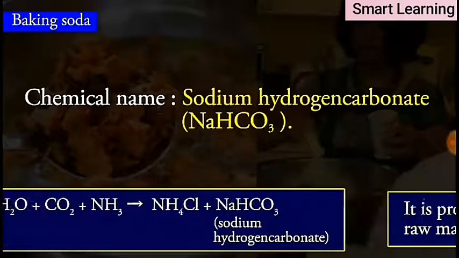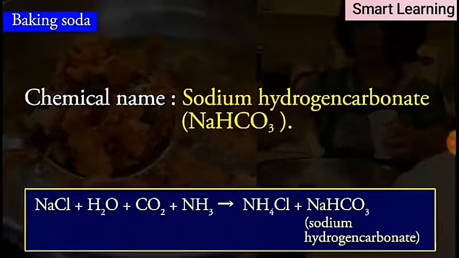The reaction being NaCl plus H2O plus CO2 plus NH3 gives NH4Cl plus NaHCO3, which is sodium hydrogen carbonate. It is important to understand that sodium hydrogen carbonate is a mild, non-corrosive base.